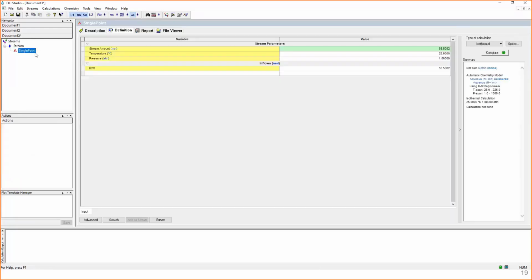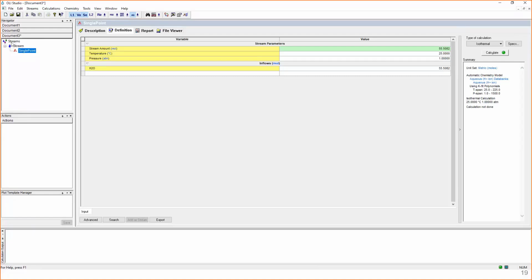If you change units, let's say at the calculation level, then those changes won't affect anything at the stream level or at the global stream level. We will learn more about how to deal with changing units and all of that with our examples. So that is the navigator panel.